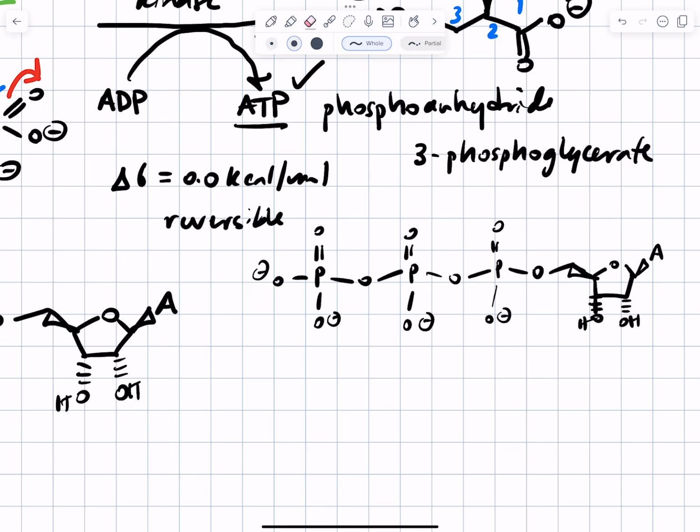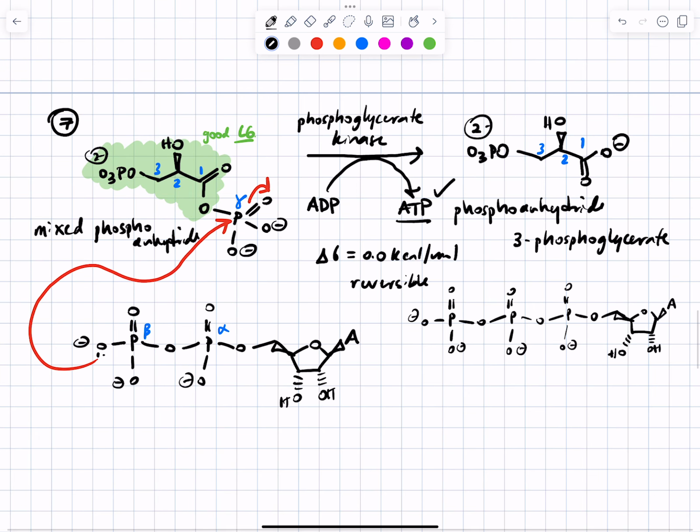We'll just write A there for the base. Okay, and notice over on the left-hand side, this bond here is the mixed phosphoanhydride bond, and the new bond that we made by converting ADP into ATP is this bond between the gamma and the beta phosphate groups. And it's essentially similar in stability, which is why this reaction is reversible.